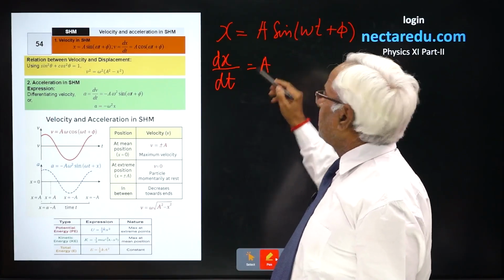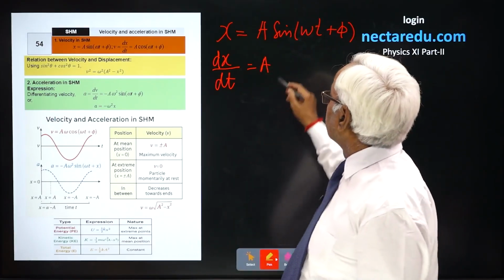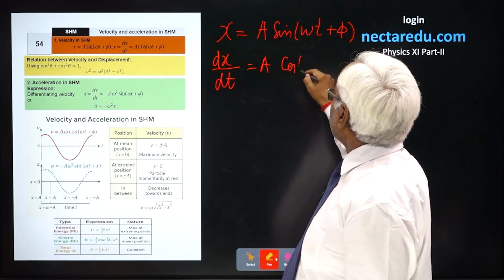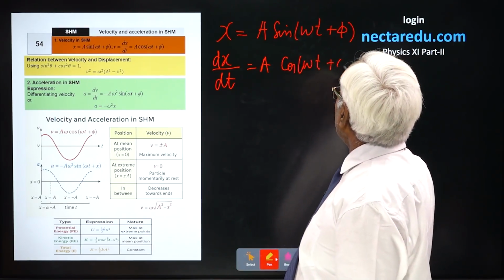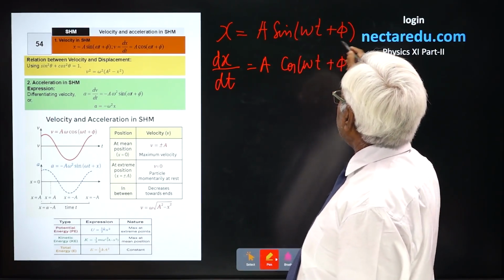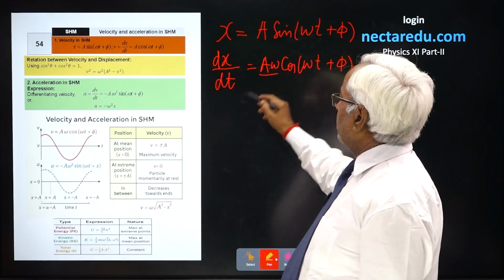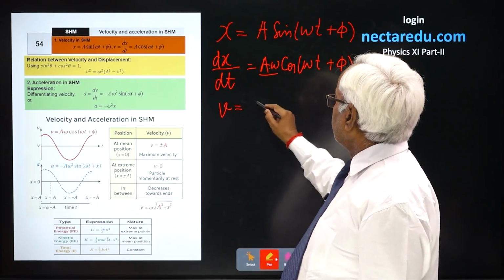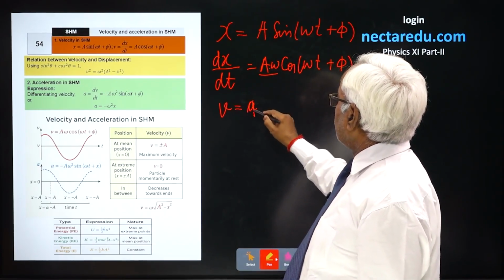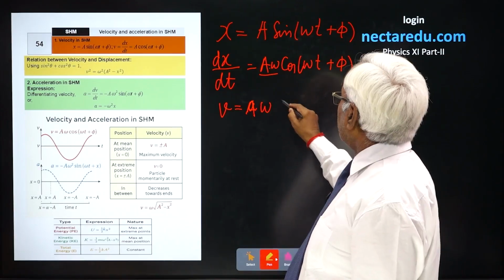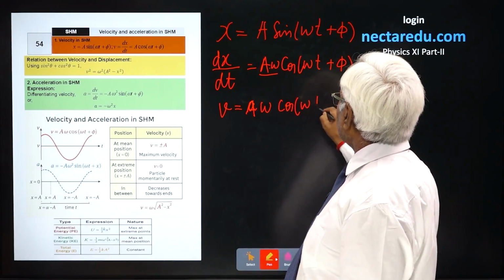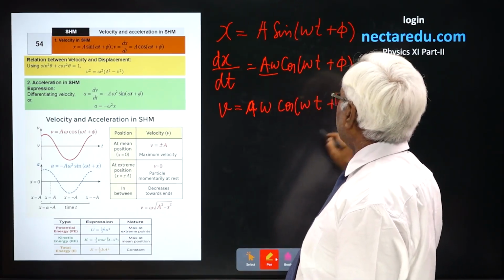A sine becomes cos when differentiated, so it will be cos(ωt + φ), and this would be differentiated again, giving you another term ω. So for velocity you are getting Aω, A capital for amplitude, ω cos(ωt + φ).